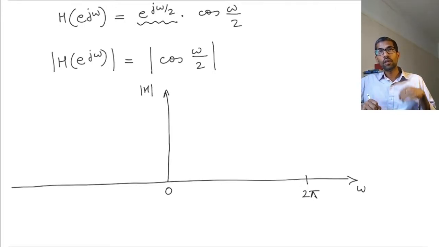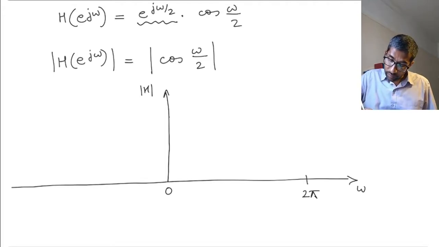What would be the value of mod H when omega equals 0? Omega equal to 0 means omega by 2 is 0, so we have cos 0. What is the value of cos 0? It's 1.